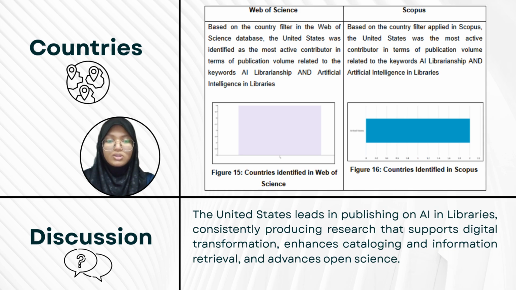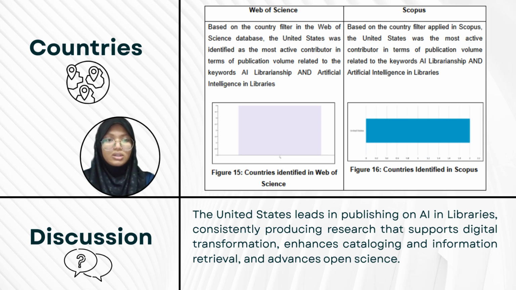As you can see in figure 15, countries identified in Web of Science, the United States was the highest in doing research about AI librarianship and artificial intelligence in libraries.